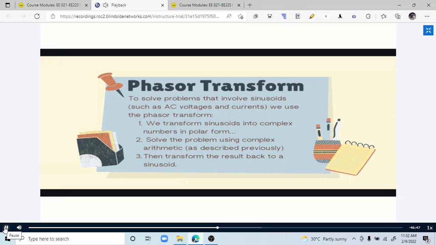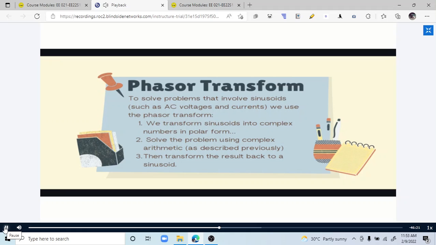In order for us not to deal with differential equations and just deal with simple algebra, or simply complex numbers, we will be transforming our sinusoids into phasor format.